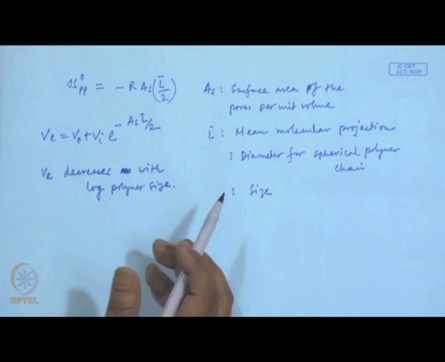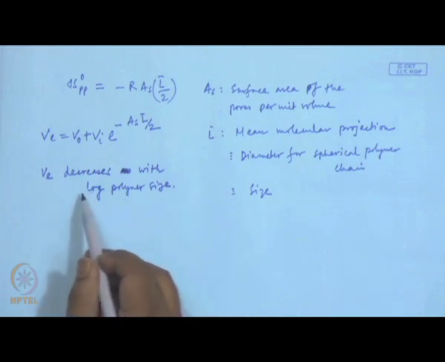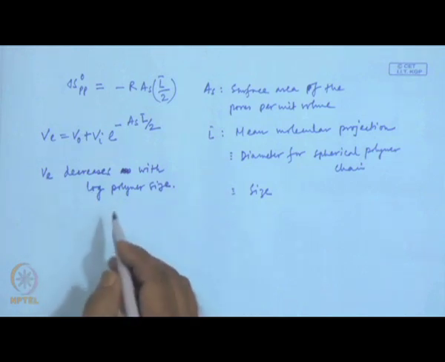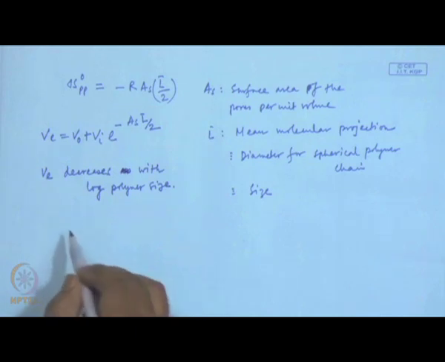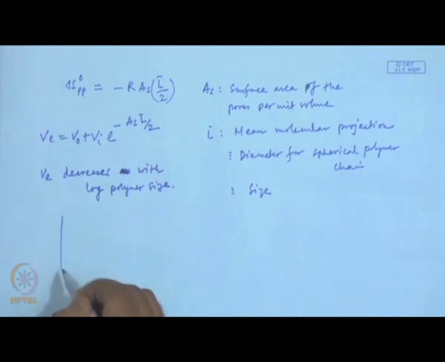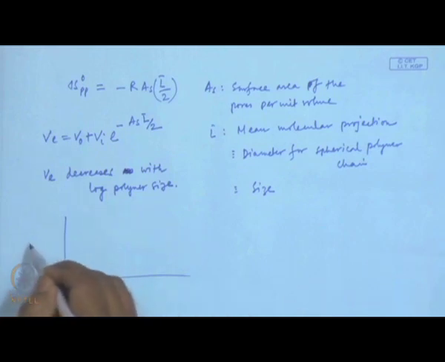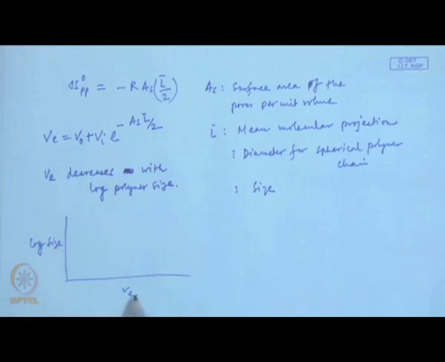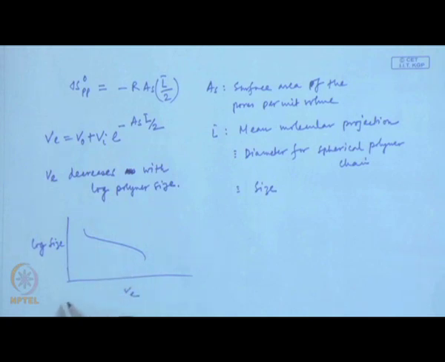As the polymer size goes up, V_E will go down. So, you can expect a linear relationship. If you plot log of polymer size against V_E, you expect that to be a linear graph.